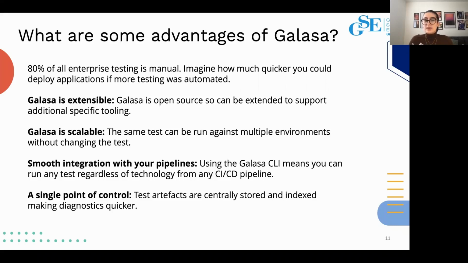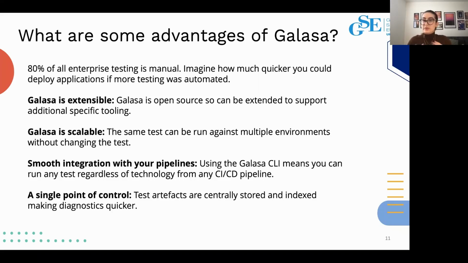I know automated testing and agile delivery are traditionally seen as something only in greenfield projects, but with the introduction of Galasa, we have made it possible to be agile in a mainframe environment as well. So some of the main advantages of Galasa: it's extensible.